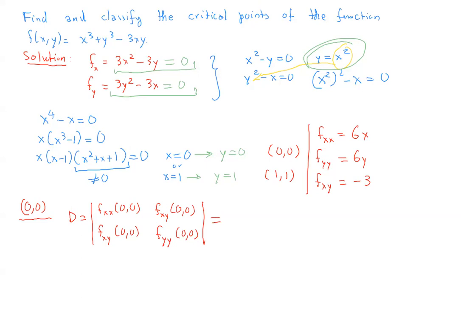We find 6 times 0, which is 0 right here. Then the next entry will be simply -3. This will be -3, and this will be again 0. That's what you get if you plug (0, 0) into the second order partial derivatives. And this gives you just -9, which is less than 0, so this is a saddle point. So (0, 0) is a saddle point.